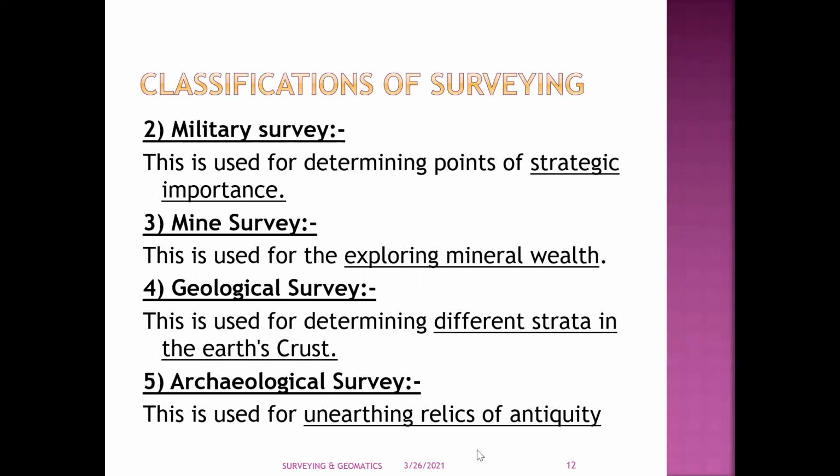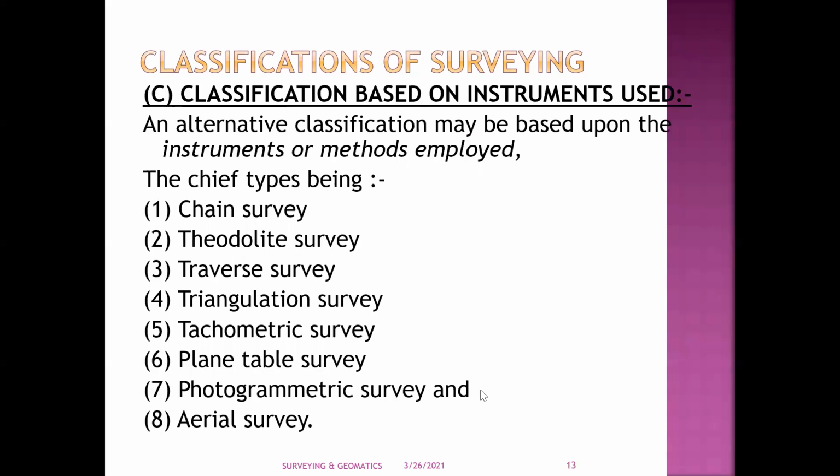So archaeological wealth, means ancient relics, different kinds of wealth, such as temples or any previous historical places, where any hidden wealth is available underground. So for historical surveying purposes, we are using archaeological survey.